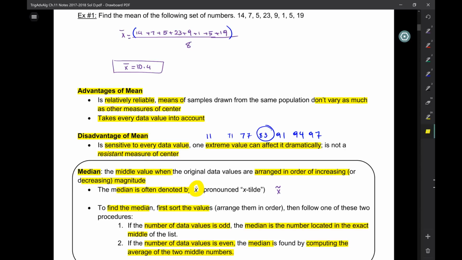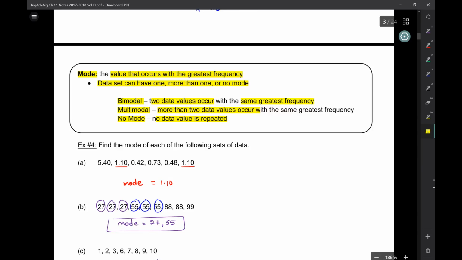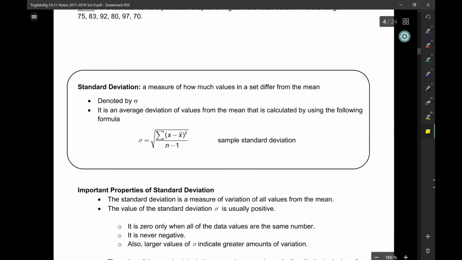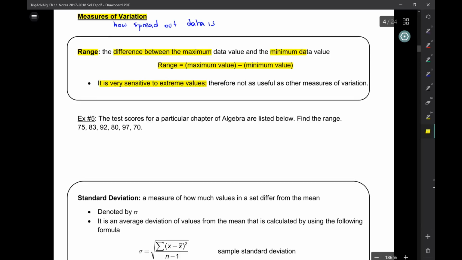Now the range has a spread of 86, whereas here they would have had a spread of 26. You see that? So that's the bad thing about range. It's very sensitive to the extreme values. So it's not very useful.